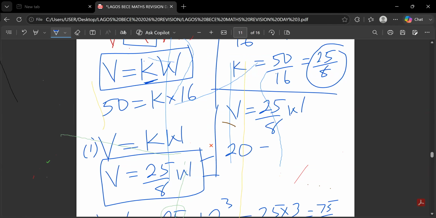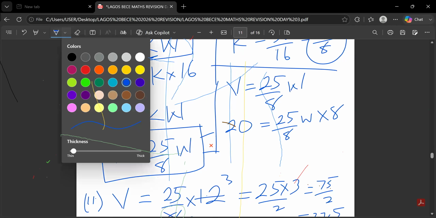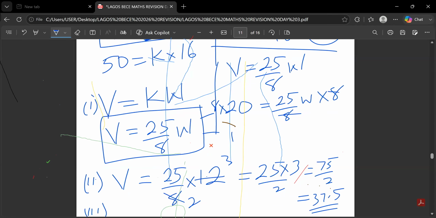20 equals 25 over 8 W. So multiply both sides by 8. We have done this kind of equation; that's what I told you is going to come out here. So 8 cancels 8. Then this is going to give us 160 equals 25 W. So this is not the final answer.